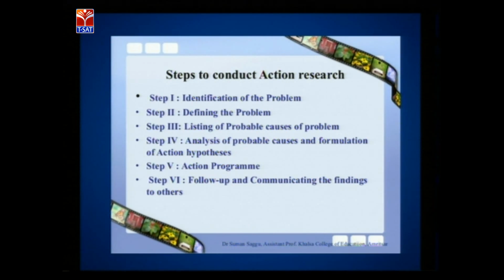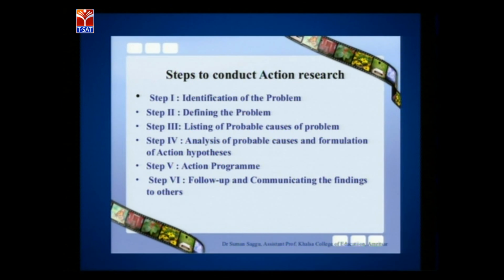Second, defining the problem. You have to define what the problem is. And third, step 3, listing of probable causes of the problem. We have to go through the points, the causes of the problem. Step 4, analysis of probable causes and formulation of action hypothesis.